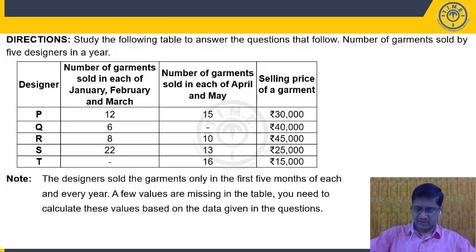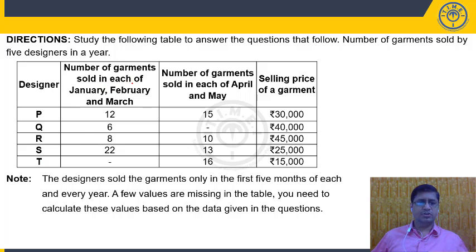So the 5 designers are P, Q, R, S and T, and that is the first column. Second column: number of garments sold in each of January, February and March. Then number of garments sold in each of April and May, and selling price of a garment. What is the meaning of this?